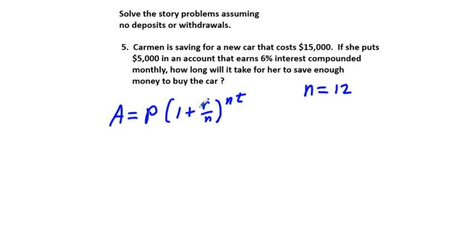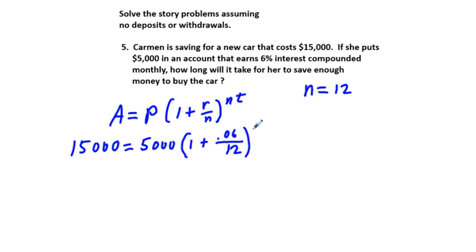And so just substituting in, we have our final amount we want to get is $15,000, and that's equal to our starting amount in the account, which is $5,000 times 1 plus, and we have 6% interest, so 6% is 0.06, over, and we're compounding monthly, 12 to the power of 12 times t, and t is our unknown.